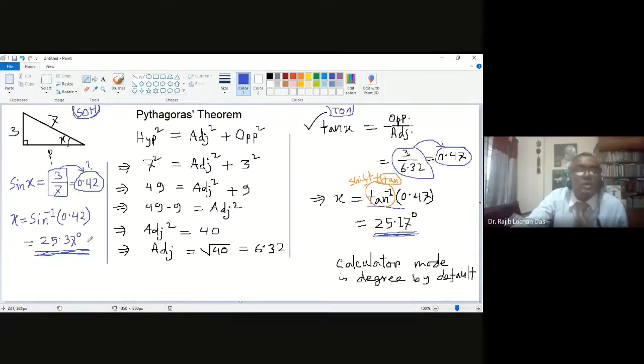So you can also write like this. I am writing tan inverse and sine inverse. I am writing tan inverse, then bracket, 3 divided by 6.32.